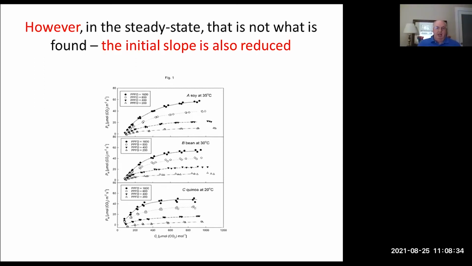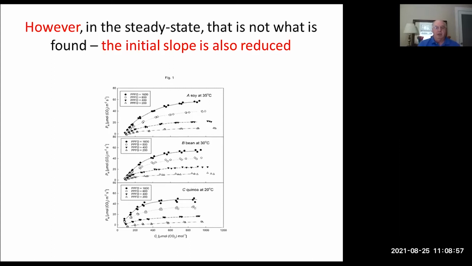And it's just A/Ci curves for three different species at three different temperatures. And the multiple curves on each of those figure panels are just reductions in PPFD. So the top curve is high light, then you go down in light with the open circles, and then you keep going down.